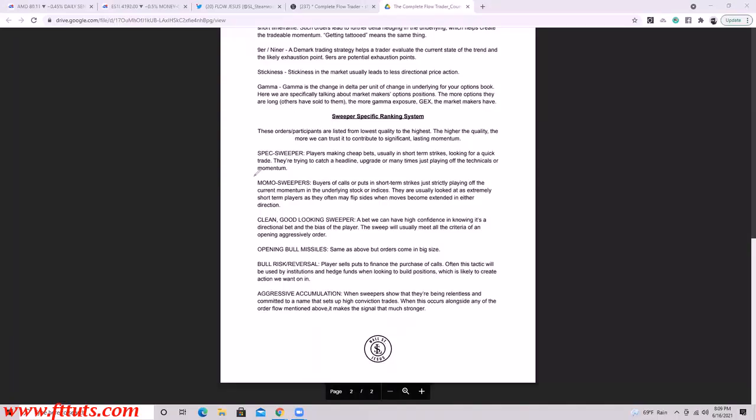All right, but the majority of the time, they're cheap. Sometimes they'll be decent looking size, but all the time they're short dated. All the time. And there's usually momentum in the name already.